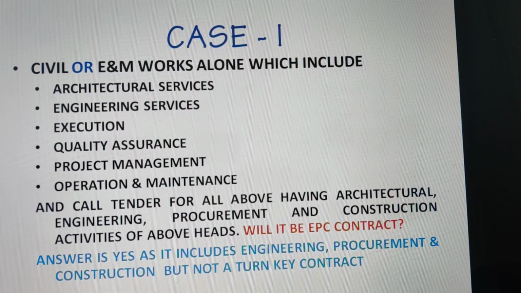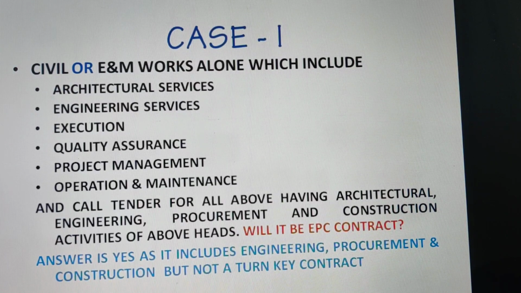Say case 1. Now in case 1 we may consider the work civil or E&M works alone, which include architectural services, engineering services, execution, quality assurance, project management, operation and maintenance, and call the tender for all above, having all architectural, engineering, procurement and construction activities.